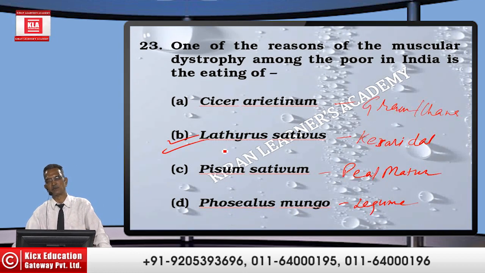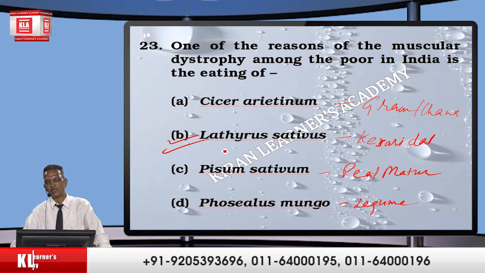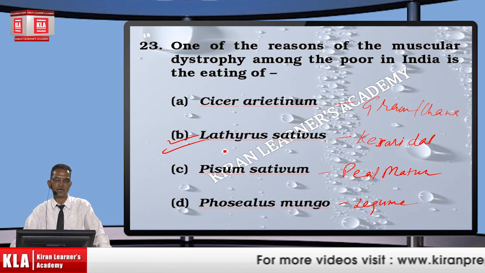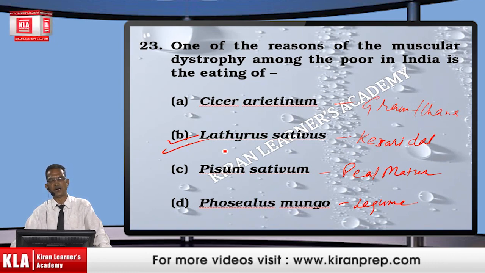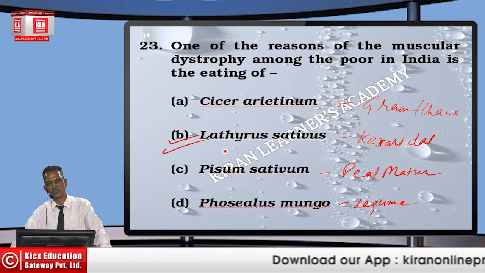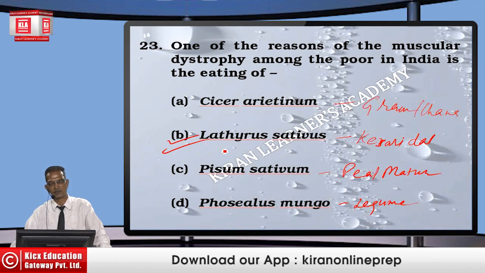So some corrupt businessmen mix the Lathyrus sativus with that particular legume in order to have an economic benefit, without realizing that the intake of Lathyrus sativus can cause serious damage to the consumer. But that's how people are trying to save money these days.